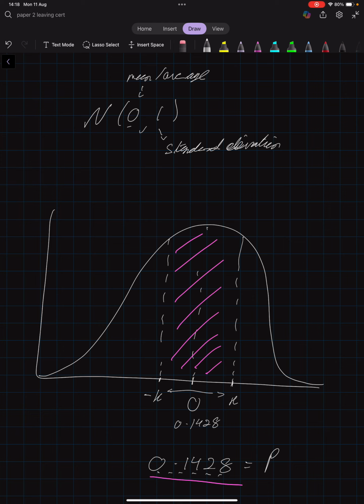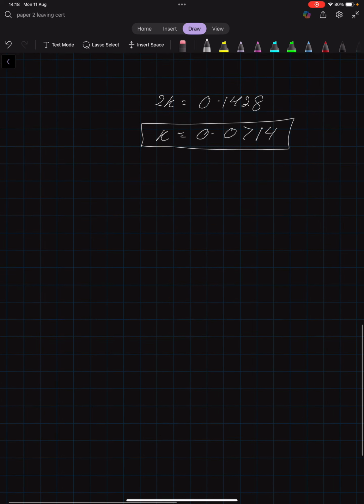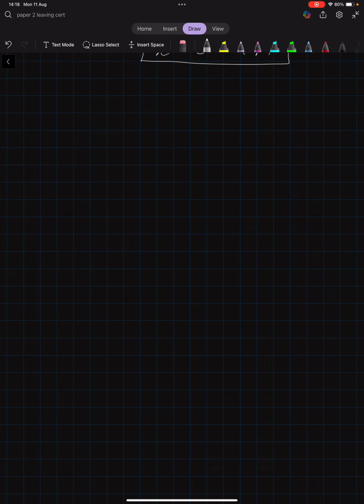Now what I want to do is a bit more on how you actually calculate these out, just calculating out z-scores. So a z-score, z, is equal to x minus mu over sigma.